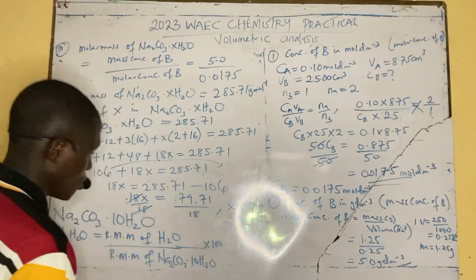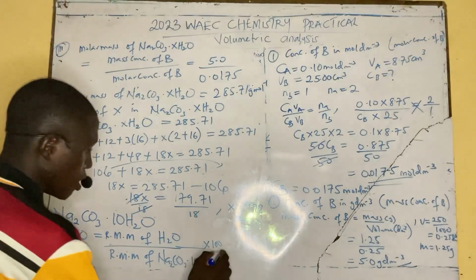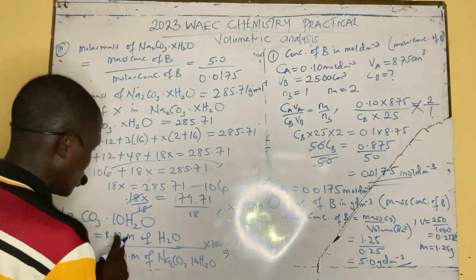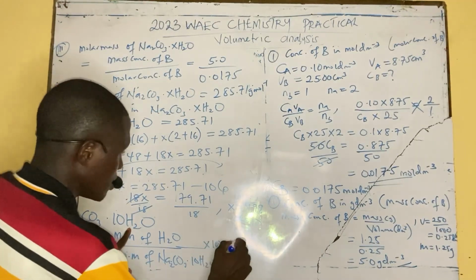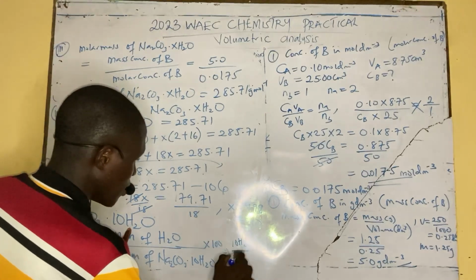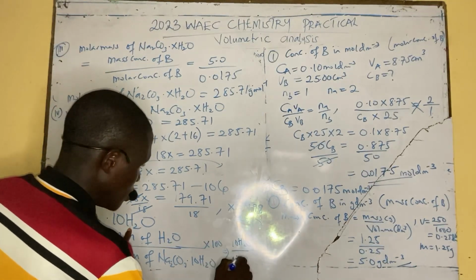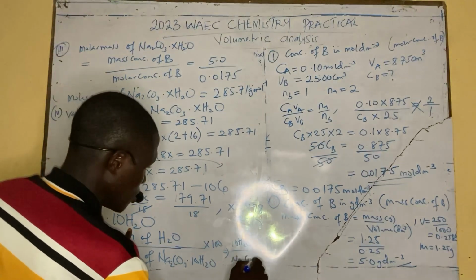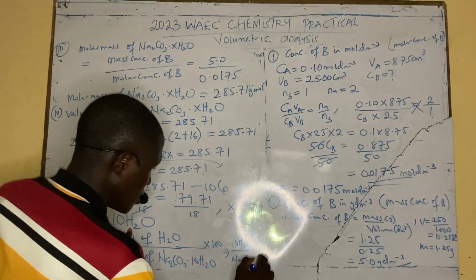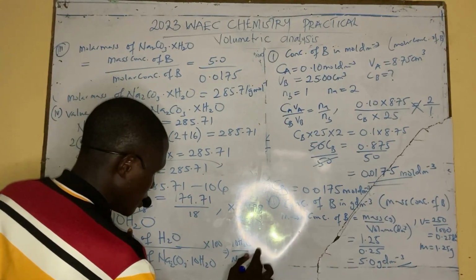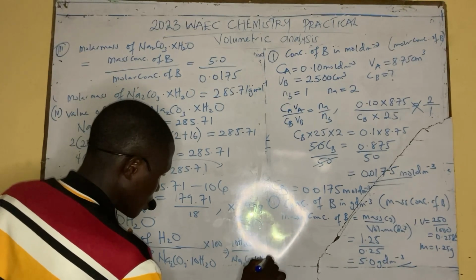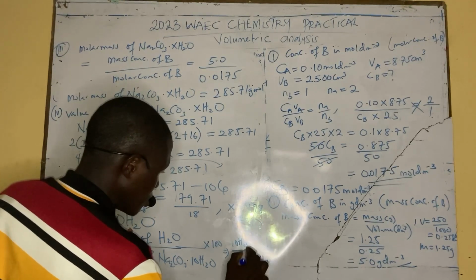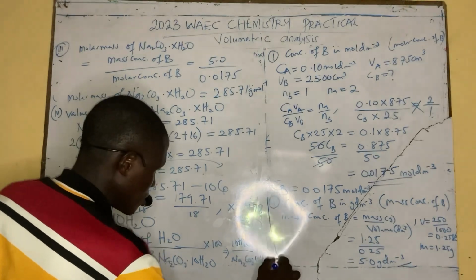So 10H2O over Na2CO3.10H2O, times 100. This is the formula that you are going to use.